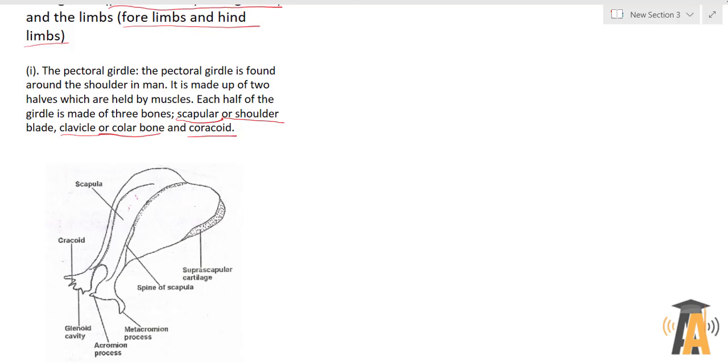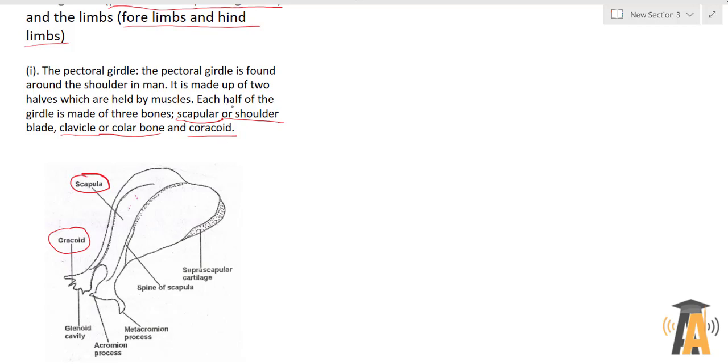So this is an example of a pectoral girdle. Now you see this is the scapula. Here you have your scapula, you have your coracoid here, and this is the pectoral girdle of a rabbit that we have here.